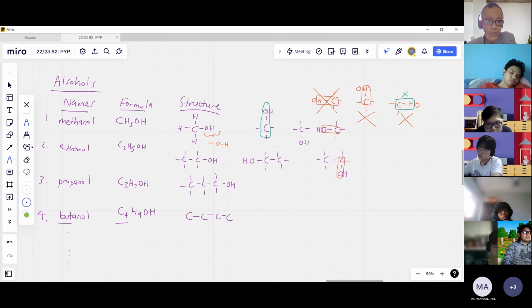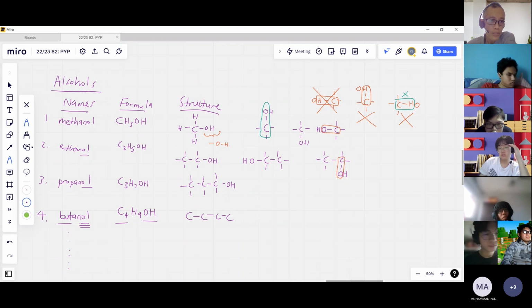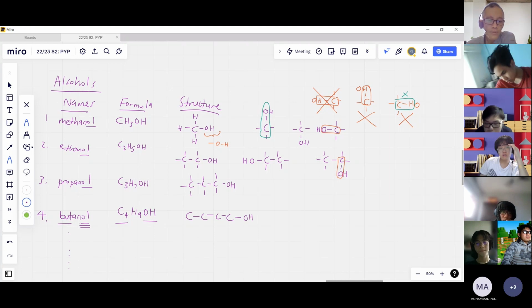You also know that there's an OH group or hydroxy group. Alternatively, you can look at the name. There's an OL. OL stands for alcohol. And therefore, I would draw the OH group. Then you fill in the rest of the bonds.